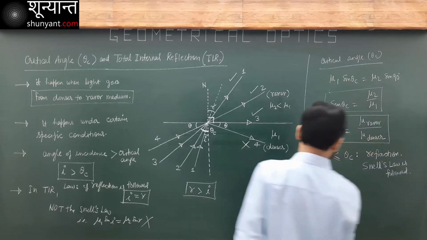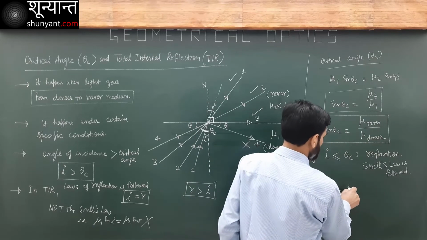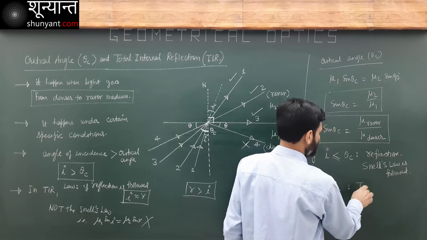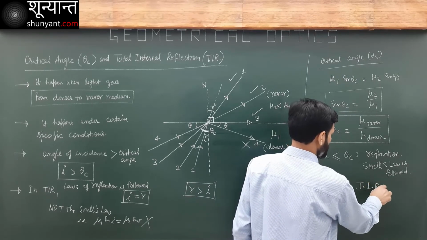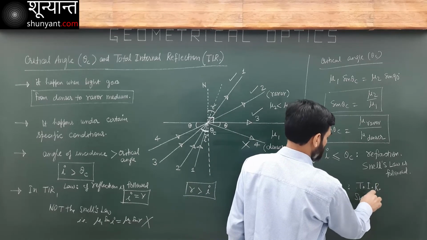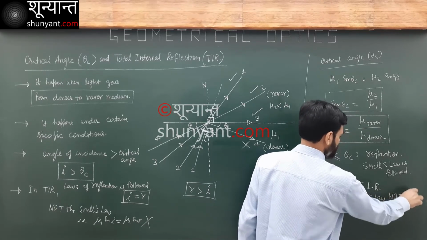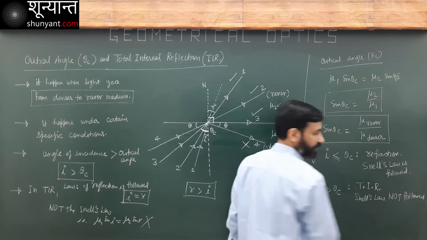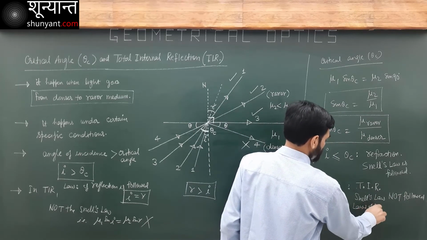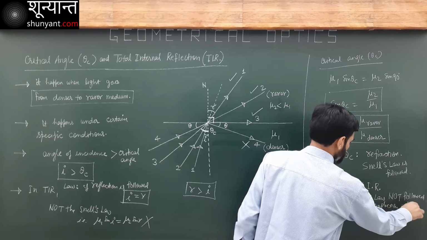If I is more than critical angle, then reflection. This is known as total internal reflection. Laws of reflection is followed, Snell's law not followed.